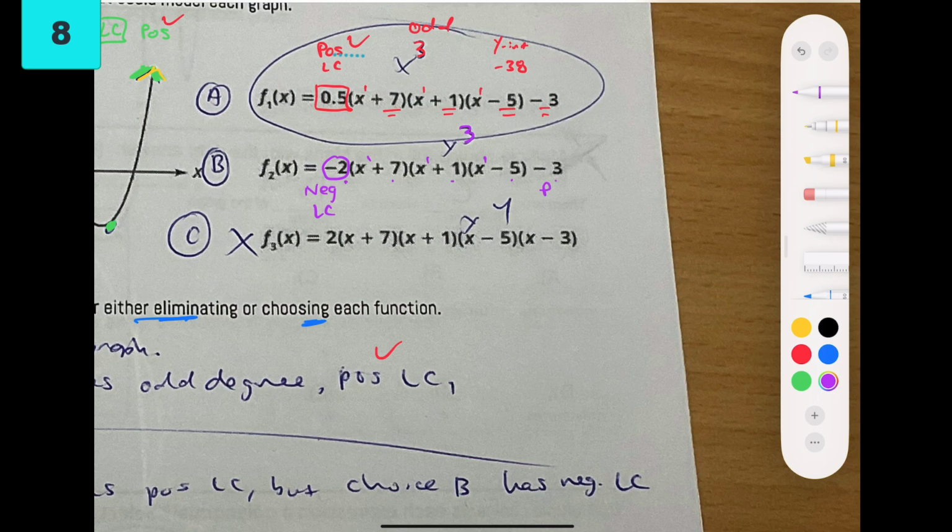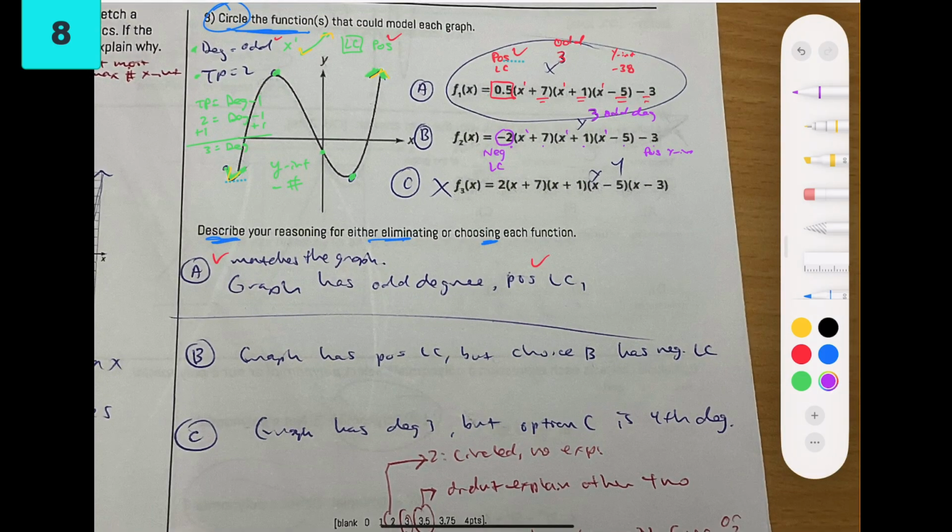So that'll still be a positive y-intercept. So we have an odd degree, but a negative leading coefficient. So yes for the degree, no for the leading coefficient. And that's what I wrote. The graph has a positive, but we have a negative.